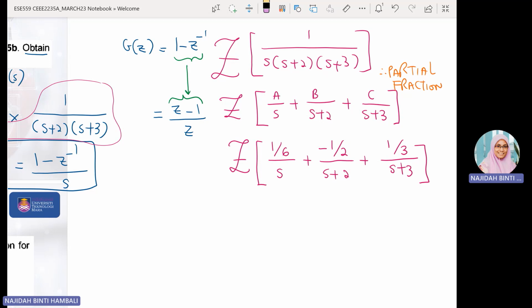Does anyone have the appendix? From the test. This one you must refer to the table, from the S domain directly to the Z domain.